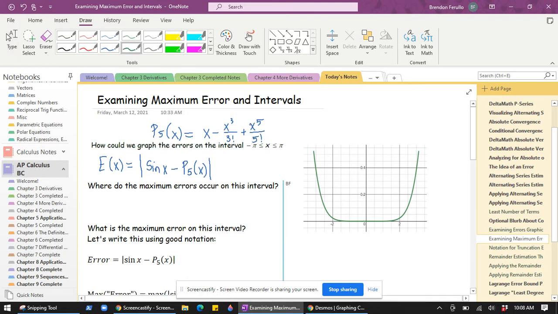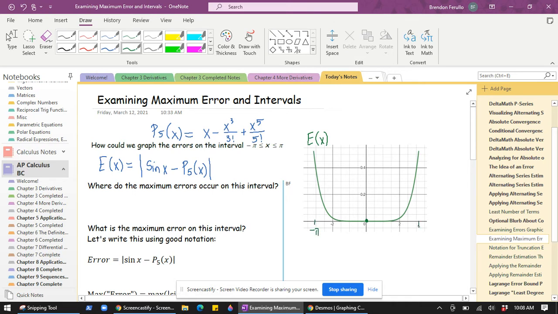So we should take a minute and reflect on why it has this shape, right? It makes sense that it would have this shape because this is the graph of the errors, right? And so the errors are 0 at the center. And then as you move away in either direction, the approximation gets worse, so the errors grow. The maximum errors occur, we already established this, this is the interval negative pi to pi. Make that really clear.